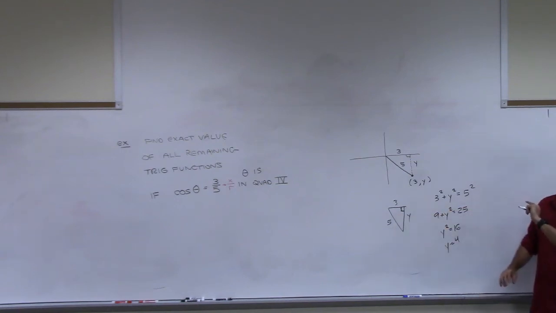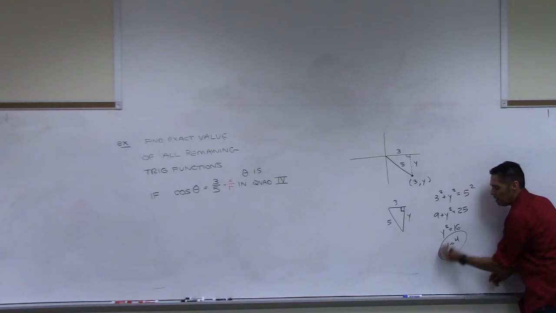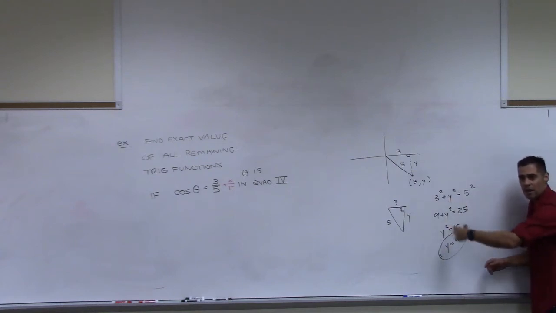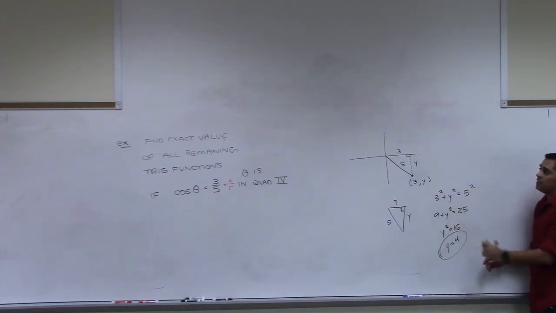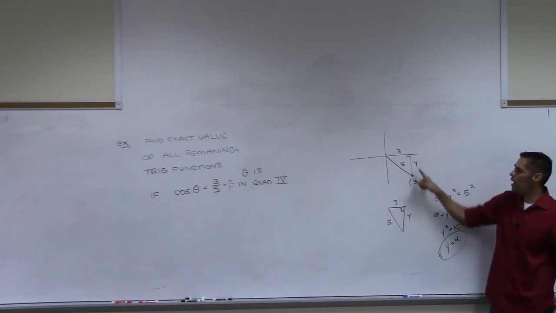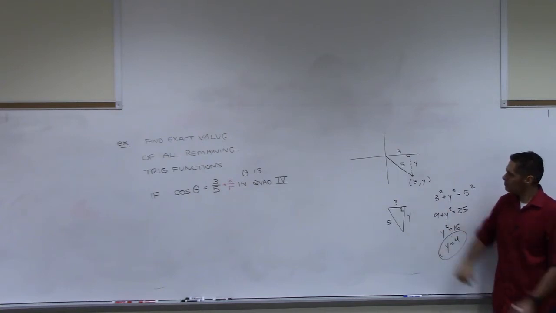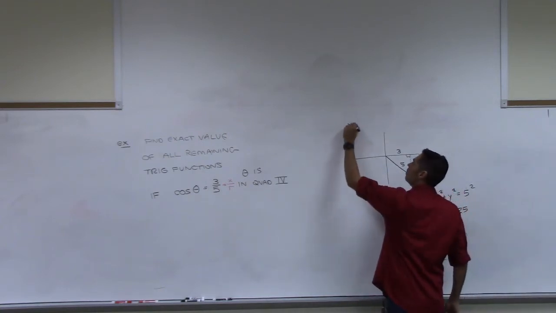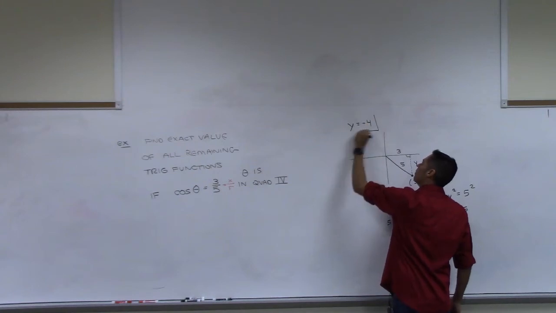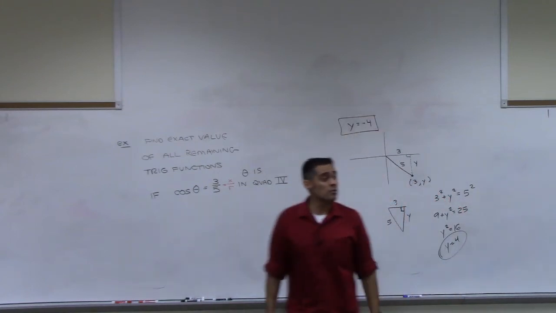But where are we? We're in quadrant 4. So you might be saying here that y is 4 from this triangle. But in fact, because you're in quadrant 4, y must be a negative value. So y is going to be negative 4. It all depends on what quadrant you're in.